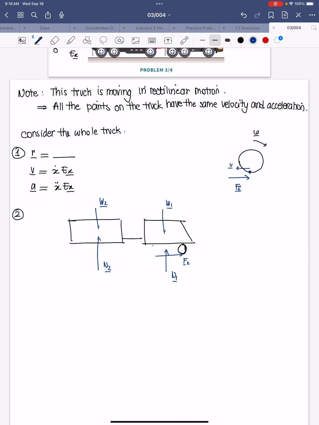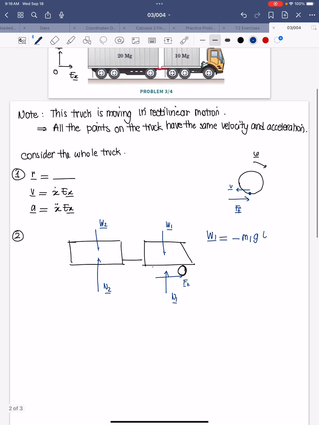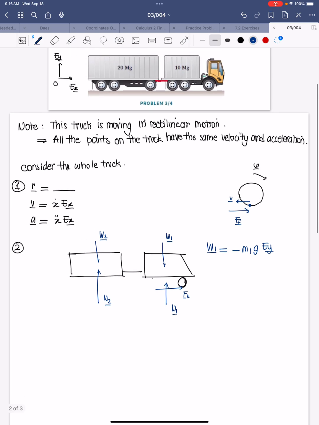We're not done yet. Let us prescribe the forces. So W1 is minus M1 G EY, where here M1 is the mass of the first trailer, which is 10,000 kilograms, and M2 is the mass of the back trailer, which is 20,000 kilograms.